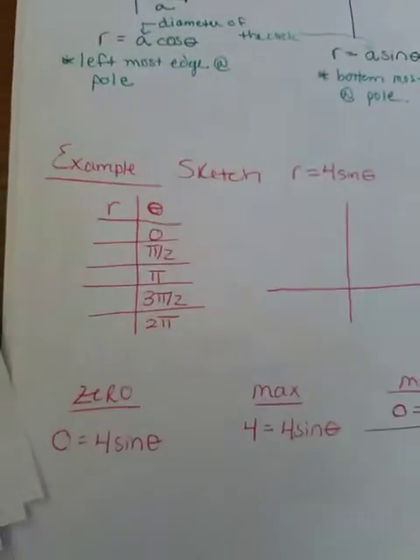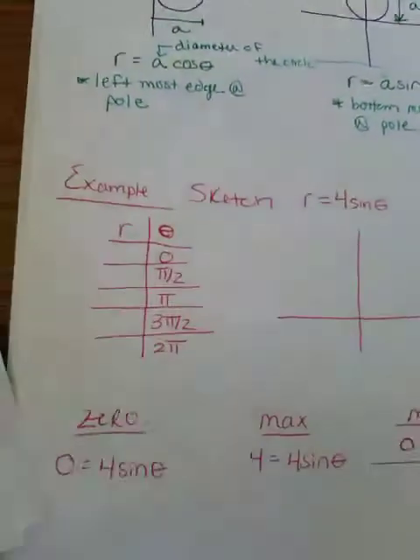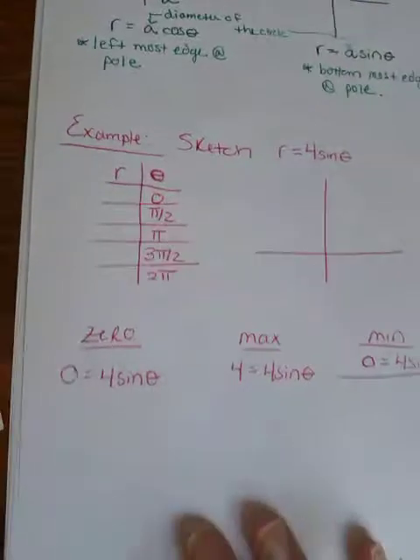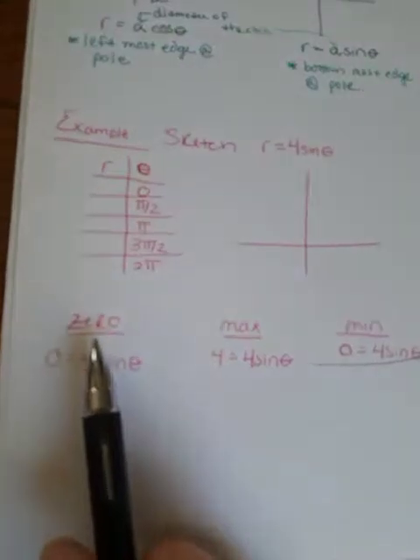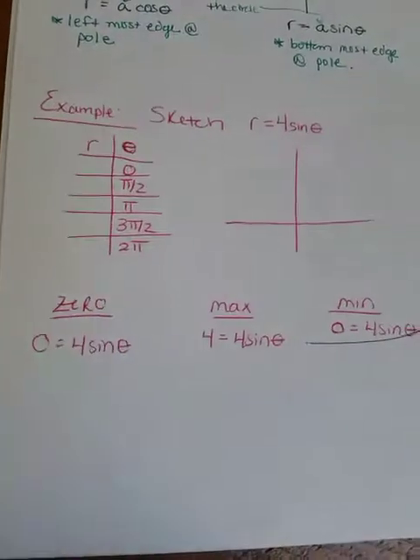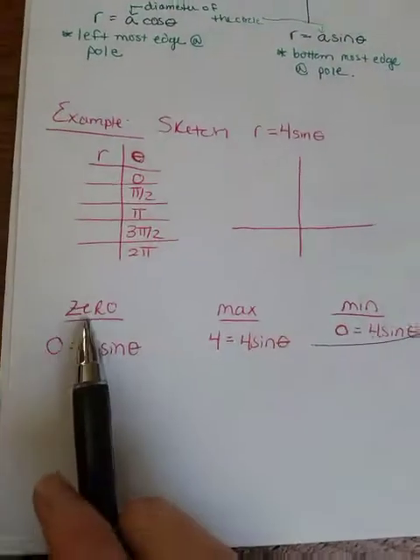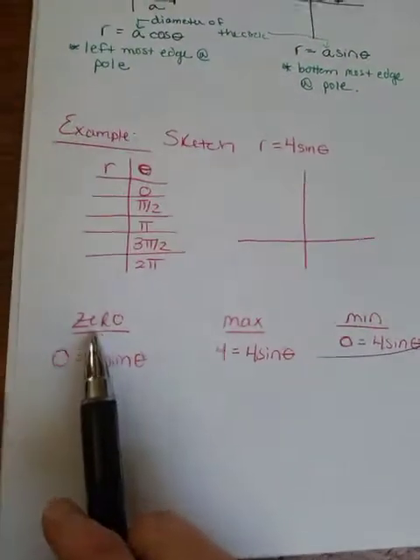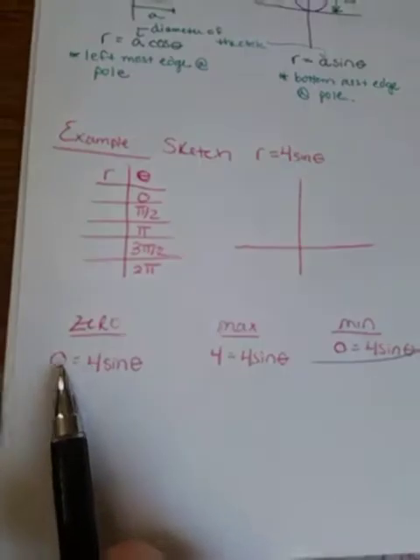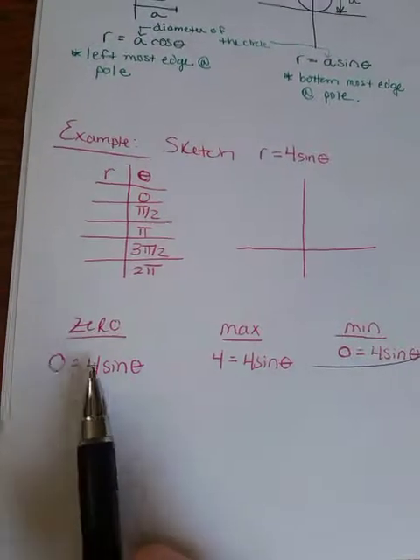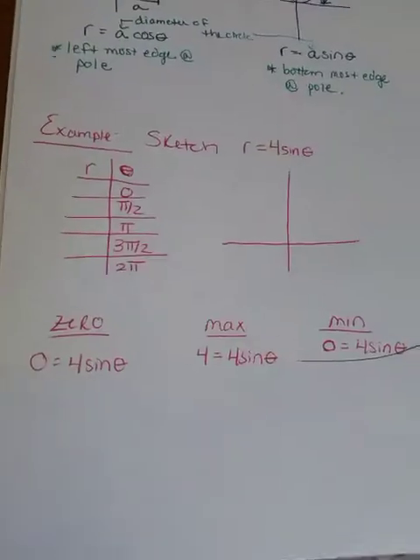You can choose to make a table, but there are some other things worth mentioning just to understand these graphs. Remember, important points on a graph are always the 0 and the max and the min values. To find a 0 or an intercept, you're putting 0 in for your y value. So here's your 0 in for r, and we need to solve this for theta.